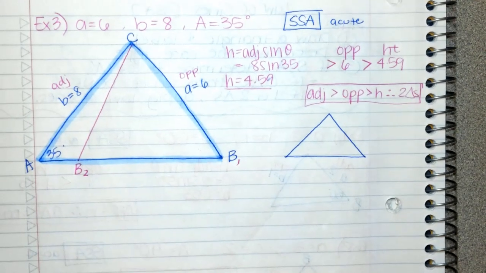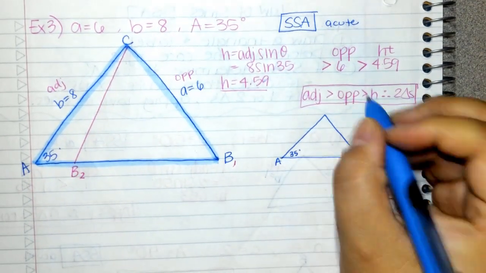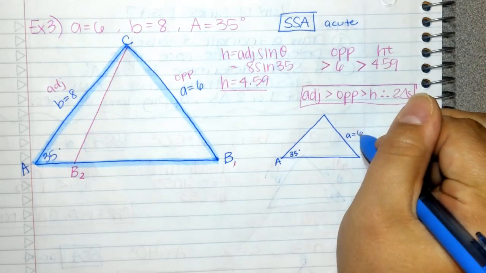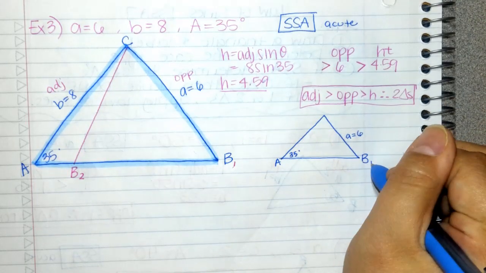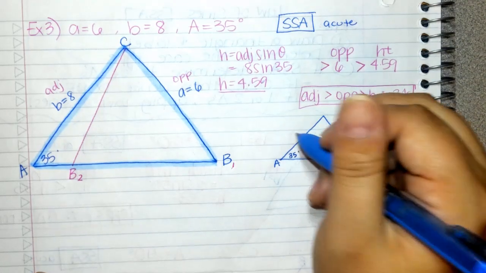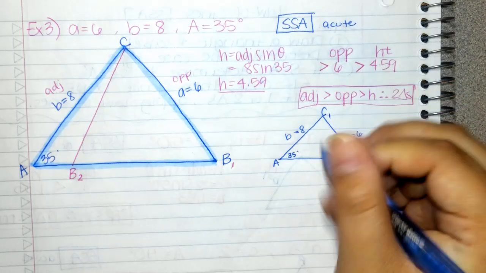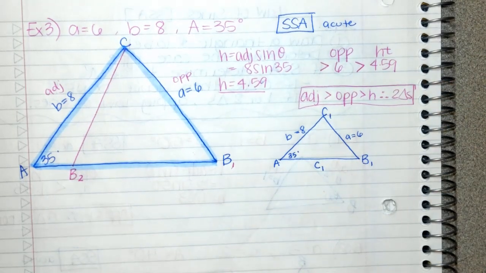Okay? So I have A that I was given, 35 degrees. Side A is 6. B, we're going to name this B1 because we're going to have two B's now. And side B is 8. And we're going to name this up top C1 and side C1.